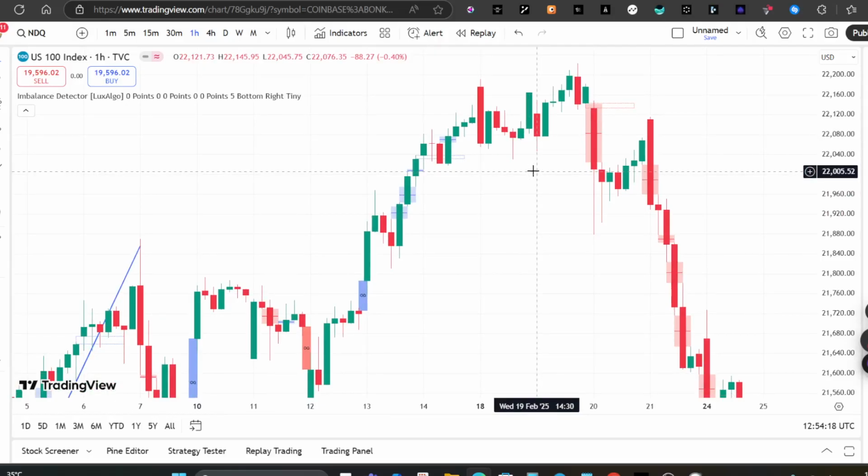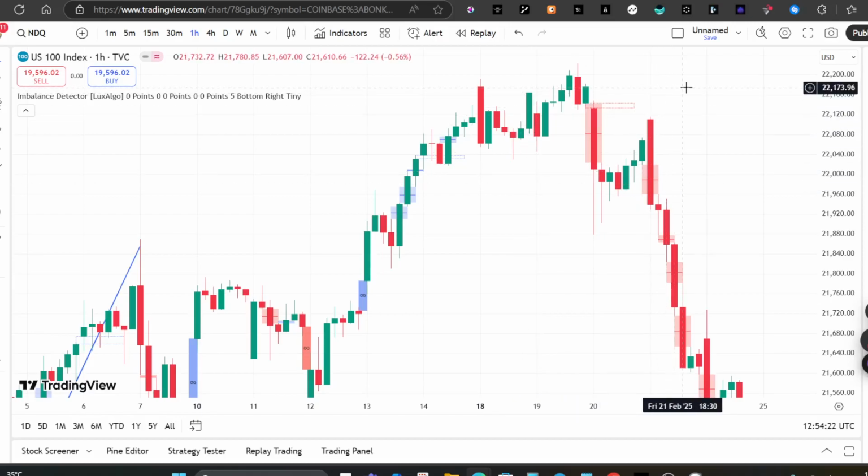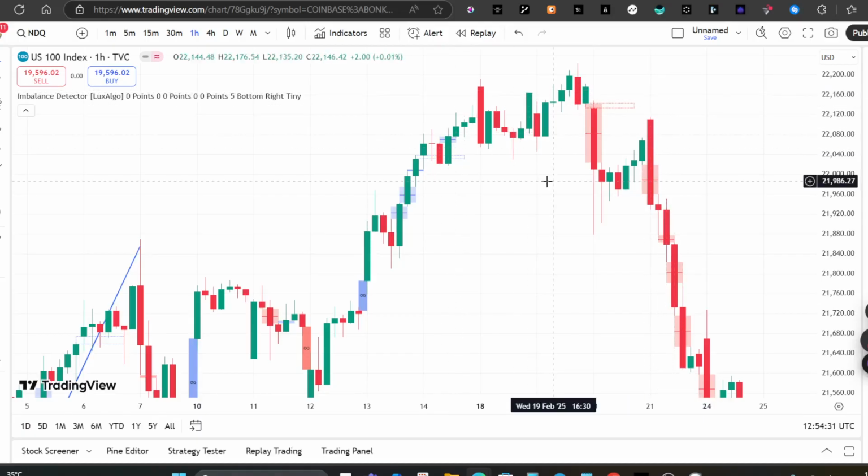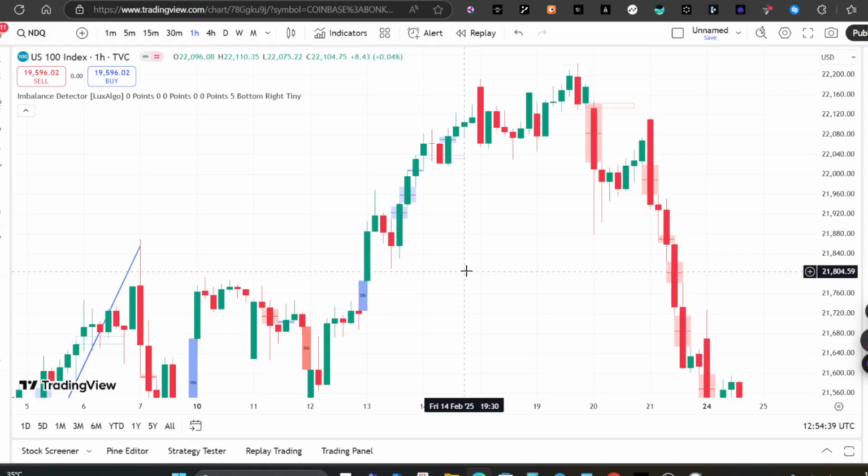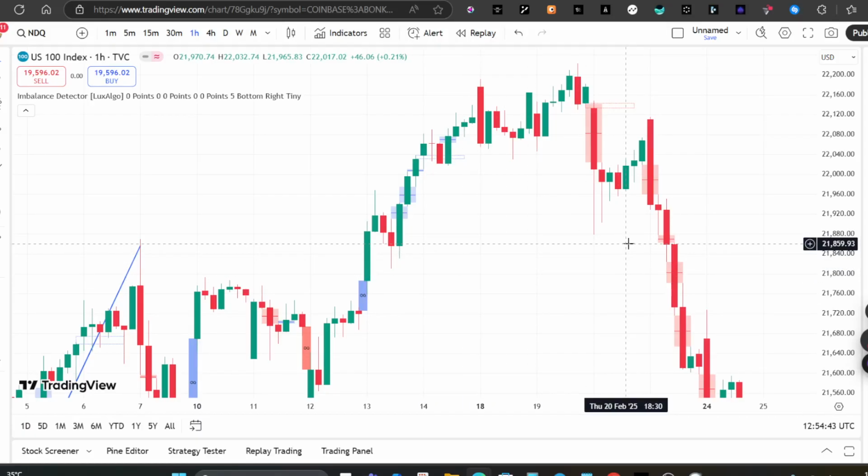Look for confluence with key levels like support and resistance, Fibonacci retracements or trend lines. Second, use imbalances to confirm your trade entries. If you see an imbalance aligning with your setup, it adds extra confidence.